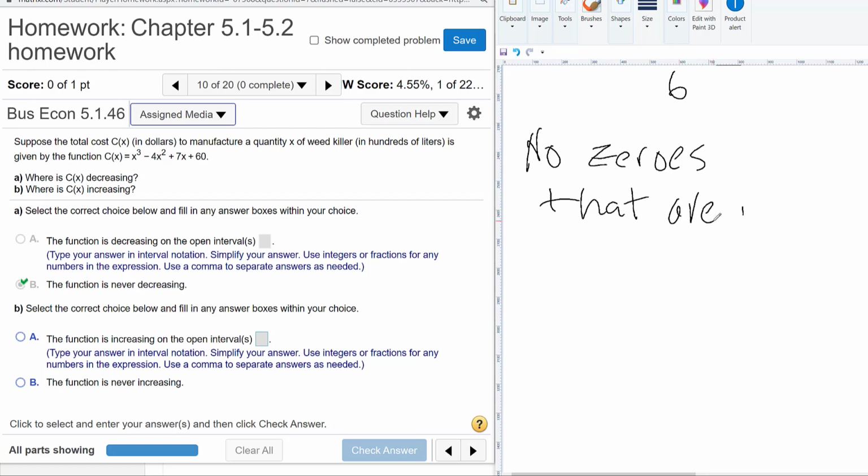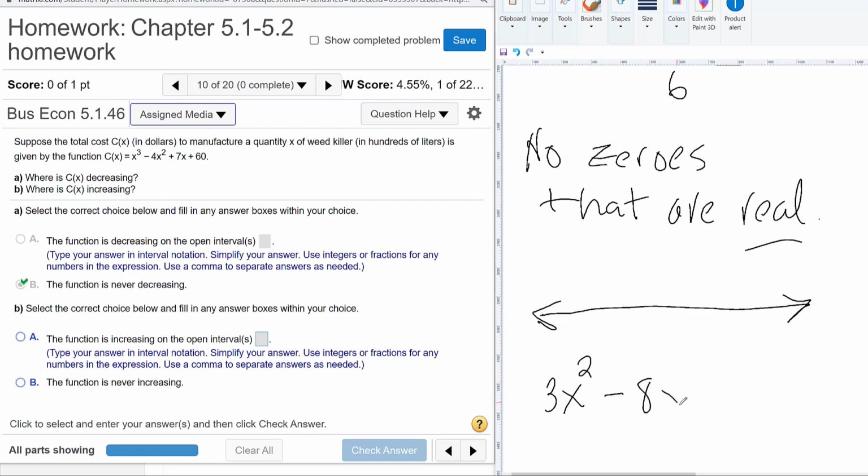And since we're talking about the real world and not working with imaginary numbers, we have an open number line here. And so what we have to do is just decide if that derivative, that 3x squared minus 8x plus 7, is positive or negative.